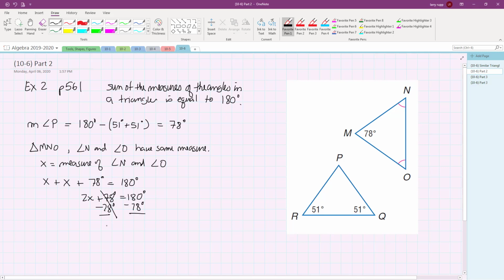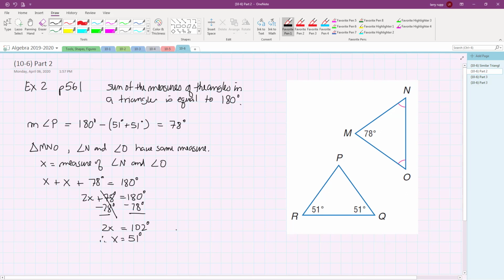Okay, this goes to 0, and we're left with 2x is equal to 102 degrees. Therefore, and the little 3 dots means therefore, x is equal to 51 degrees. So that means that since they're equal to 51 degrees, angle N and angle O are 51 degrees.